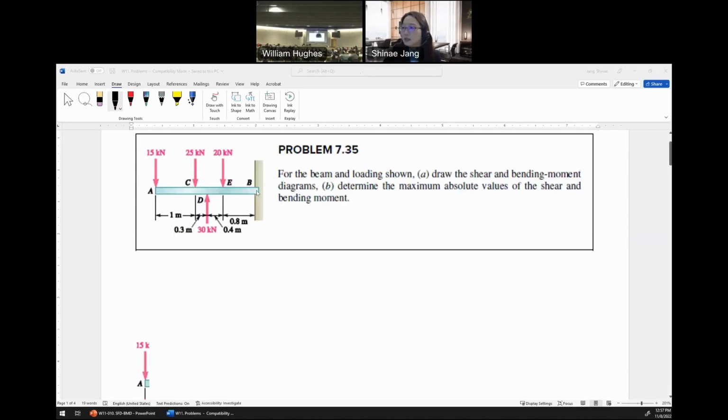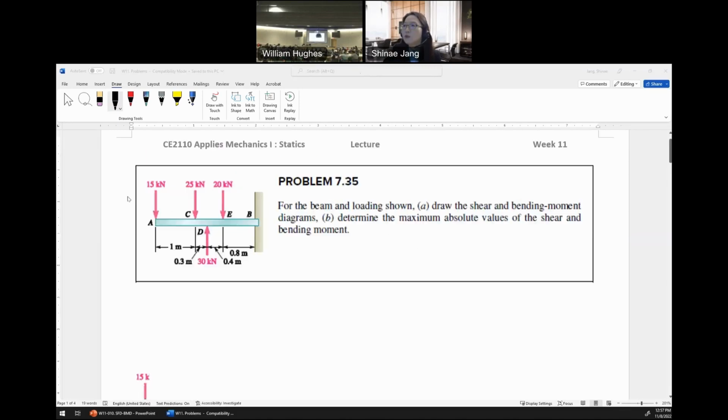And this is a cantilever beam. And then we have four loads, right? So as mentioned before, the beam analysis is also a two-step procedure. So we should first find the reactions and then plot the diagrams, right? So then A is the free end, so no reactions, and then B is fixed.